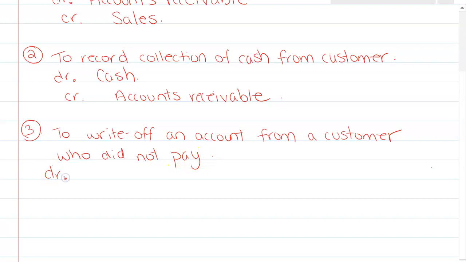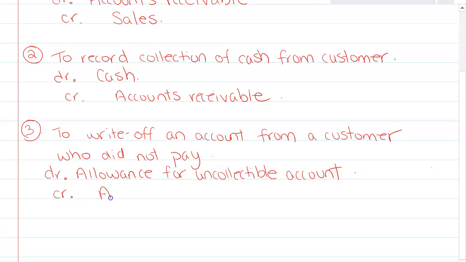So I'm going to create a contra asset account, and this is called Allowance for uncollectible accounts. And I'll do a different video to show you what this account is about, but for now we're just going to memorize the title. And then we're going to credit our accounts receivable.